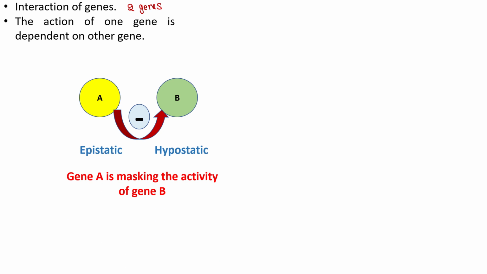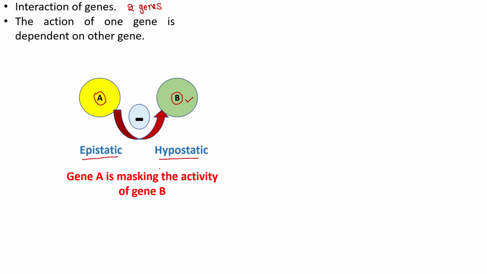Suppose we have two genes, A and B. Now gene A is masking the function of gene B. The gene that is masking the activity of the other gene is called the epistatic gene, and the gene that is masked by the other gene is called the hypostatic gene.